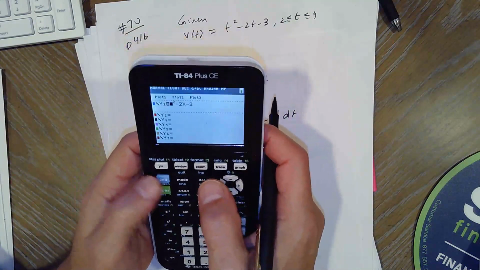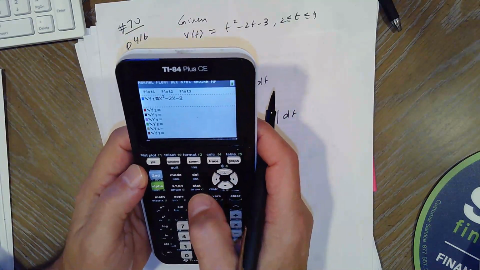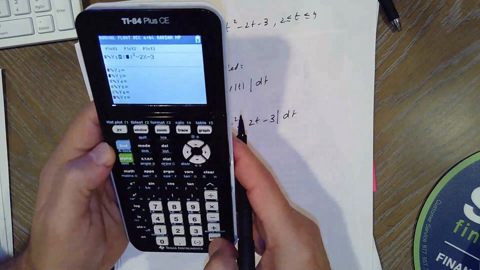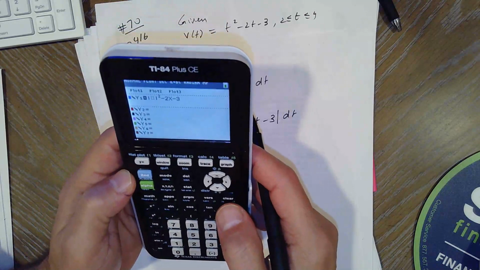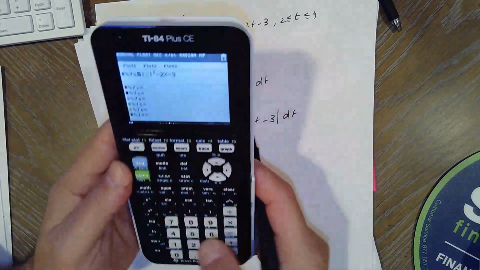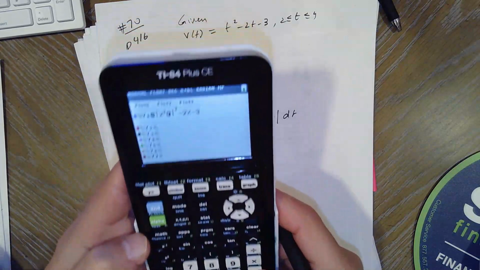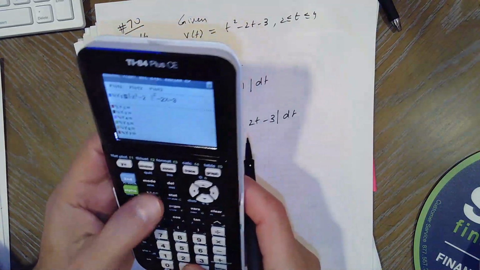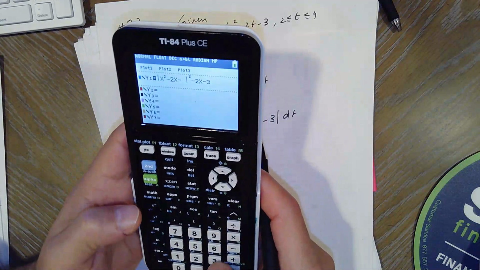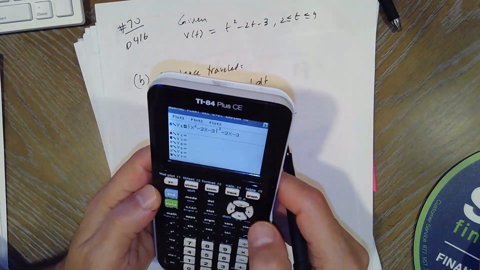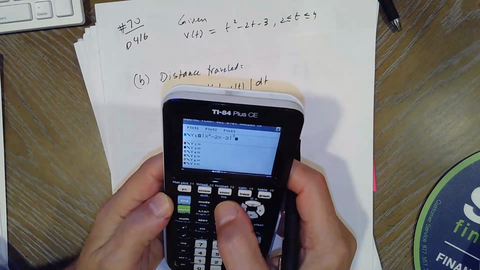So we're going to do math number, absolute value of x squared minus 2x minus 3, and let's delete what's in there.